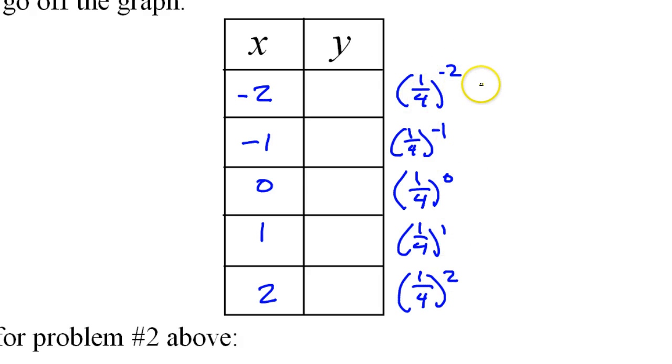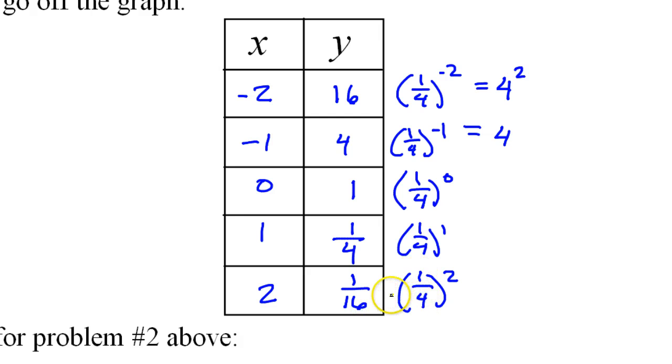Now when you do a negative power to a fraction, you do the reciprocal. The reciprocal of 1/4 is 4. So this becomes 4 squared, which is 16. The reciprocal is just 4. Anything to the 0 power is 1. 1/4 to the 1 power is just 1/4, and 1/4 squared is 1/16. You square the top and the bottom.